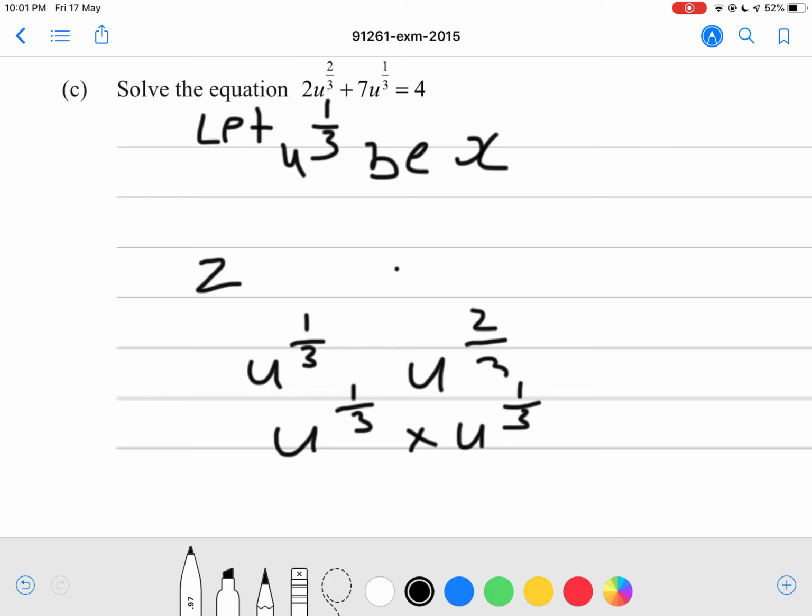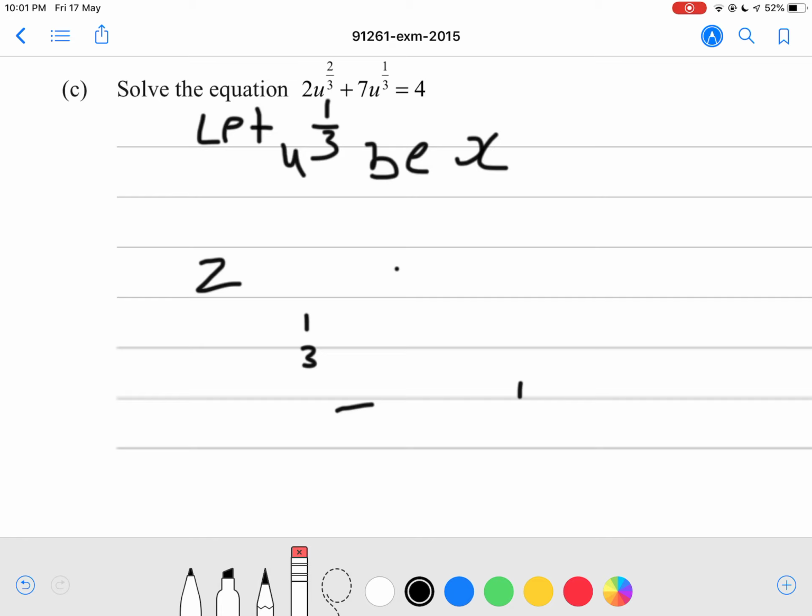So it has to be multiplied both times. So if you do this, you get u to the power 2 over 3, because when you multiply these two, you actually don't multiply, you add, okay? So 1 over 3 plus 1 over 3. So therefore, because you multiply by the same thing twice, it's 2x squared, okay? Plus, that's just 7x equals 4.